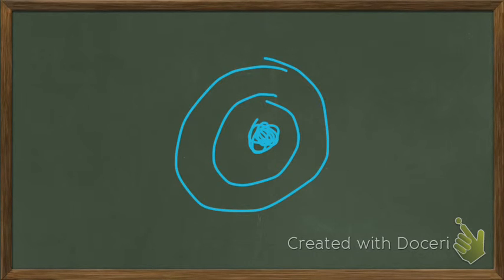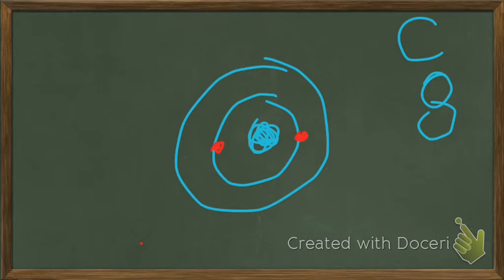So let's go back to our carbon atom that we're talking about here. It has an atomic number of 6. That means the first orbital can hold 2, so it's full.